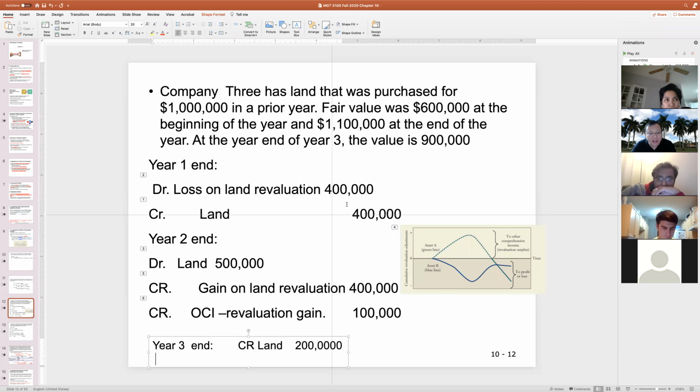And then what else? You would debit the loss. Debit loss on land revaluation of 200. Okay, so this is one answer. Anyone else?